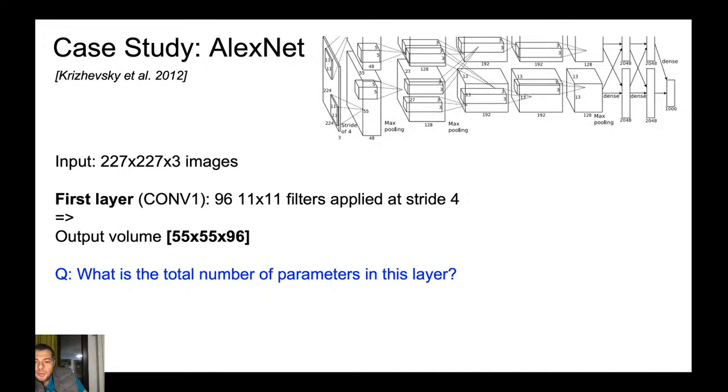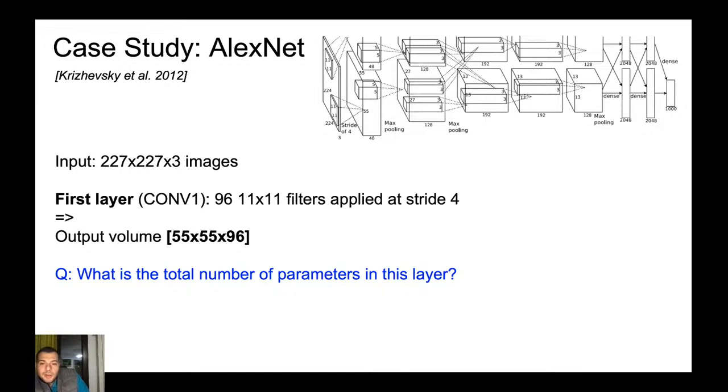Okay, and the second question is, what is the number of parameters? You can actually provide a rough estimate because we have quite a few parameters. You can either tell me the exact number or an estimate. So what is the total number of parameters in this first layer?